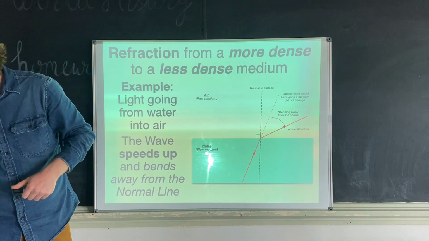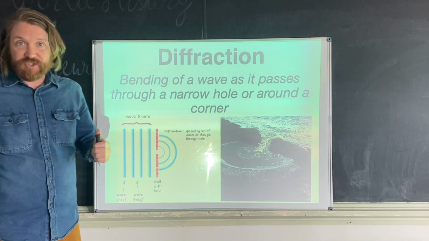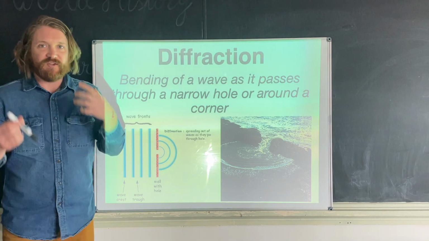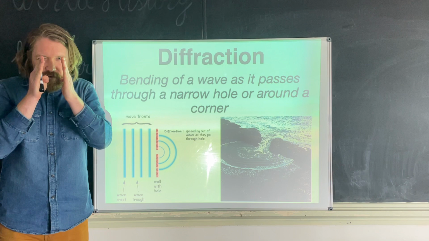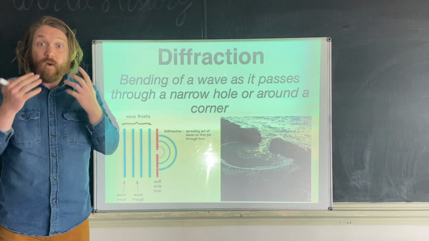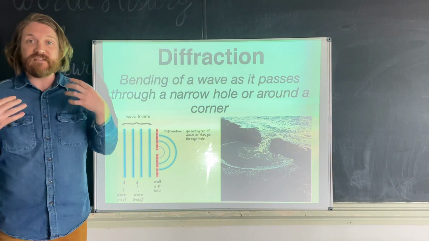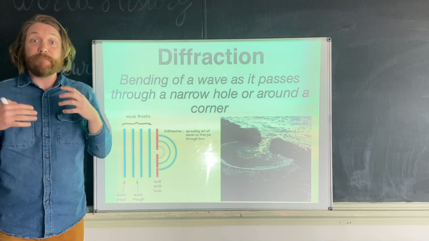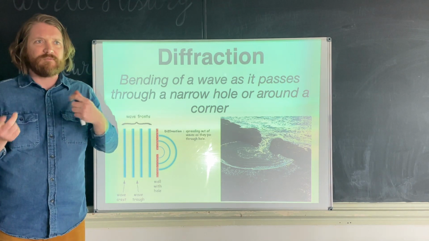Pretty cool, right? All right, number 3 on the list, diffraction. Diffraction is what happens when a wave either travels through a very, very small opening or when it goes around a corner. Whenever this happens, the light wave is going to bend. Now, the big difference here, because you're like, but Mr. Norris, it bent in refraction.